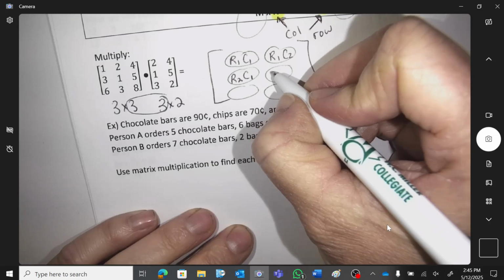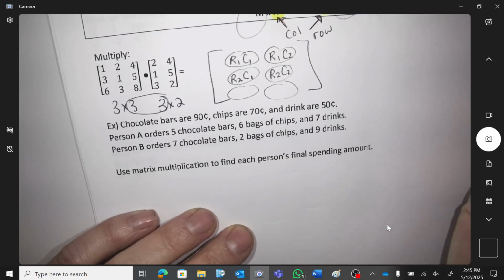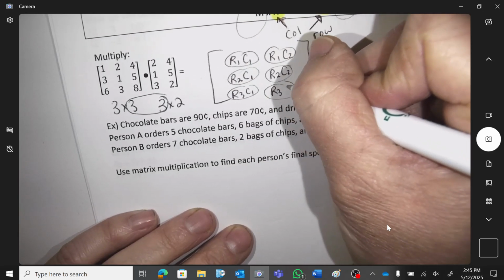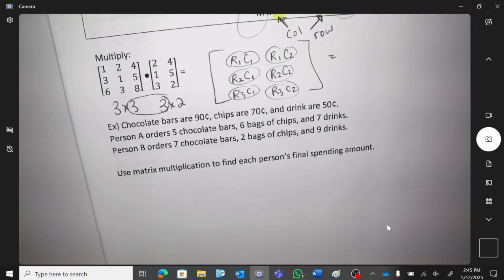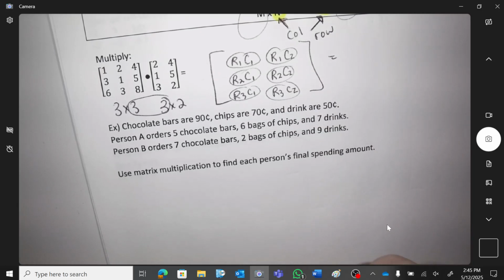What am I here? I'm in the second row, second column, third row. Okay, so let's put some numbers into this. So that's how it goes. Does that make sense in your position sense?